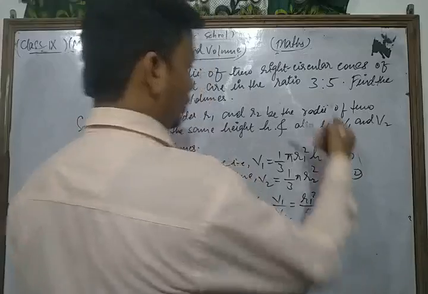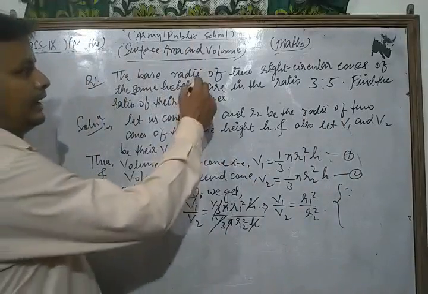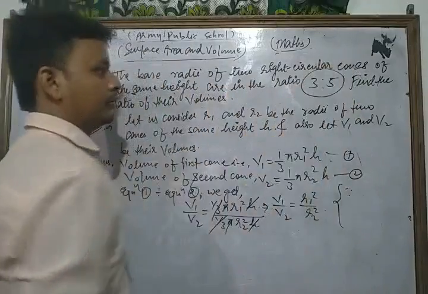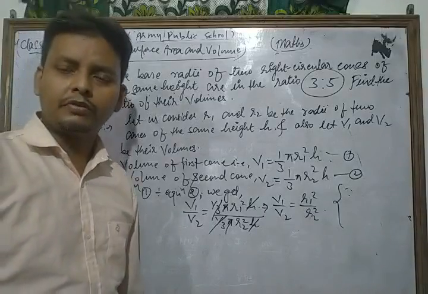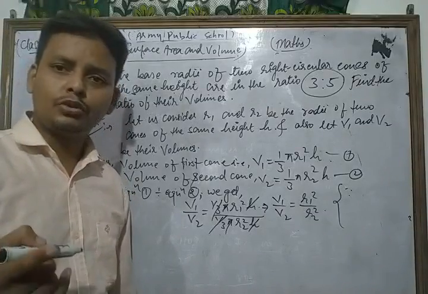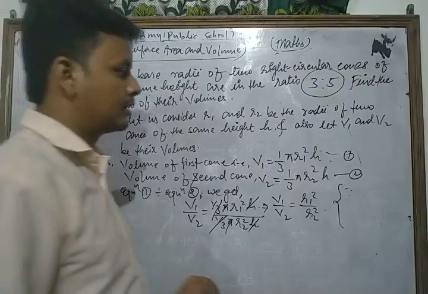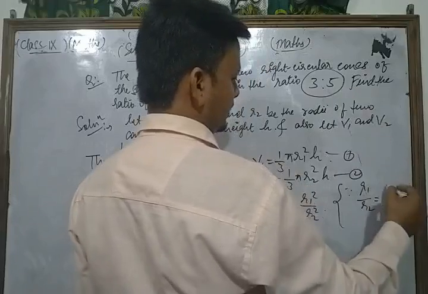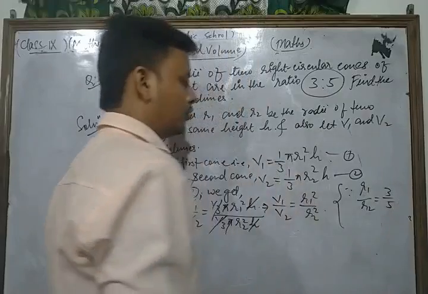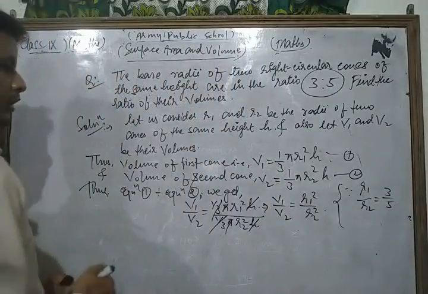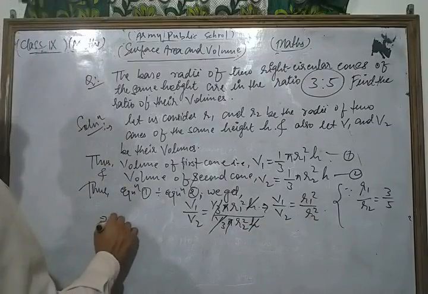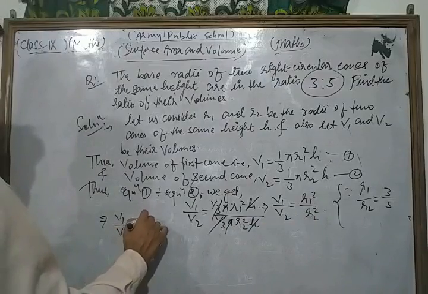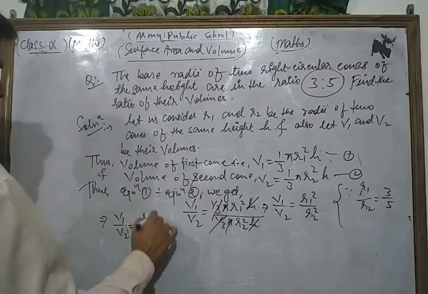According to the question, the radii of the two right circular cones of the same height are in the ratio 3:5. That means we already have the ratio of their radii, r1 upon r2 is 3 upon 5. Thus we can also write that formula as V1 upon V2 is equal to r1 upon r2 whole square.